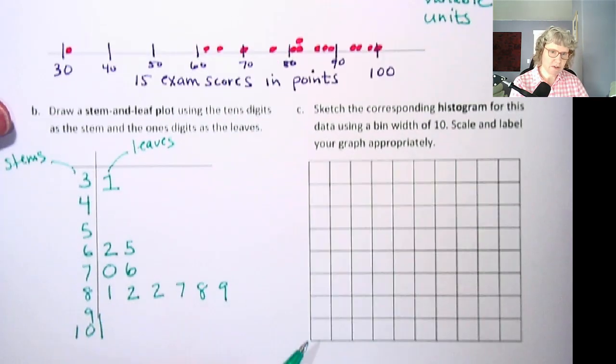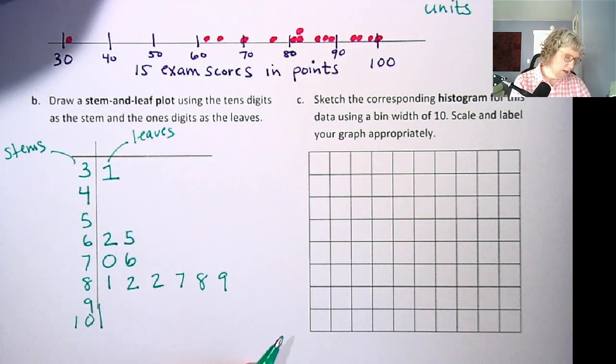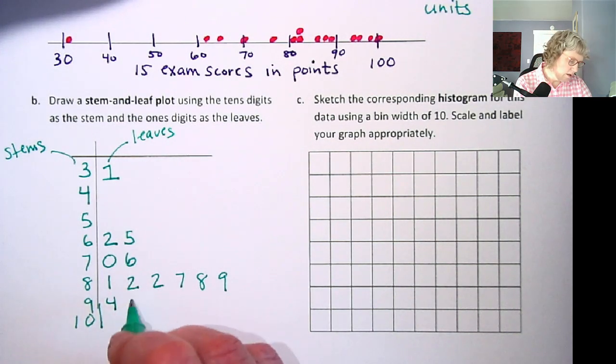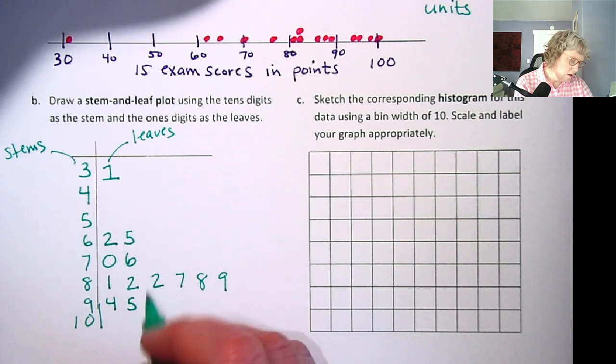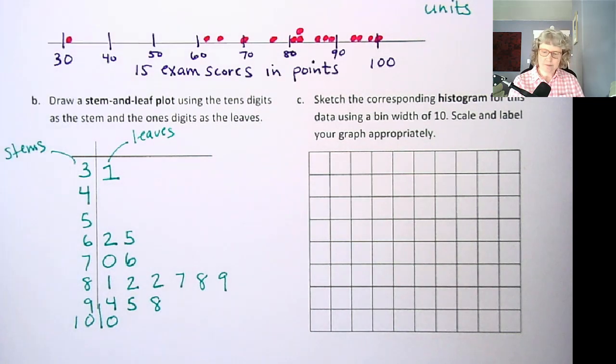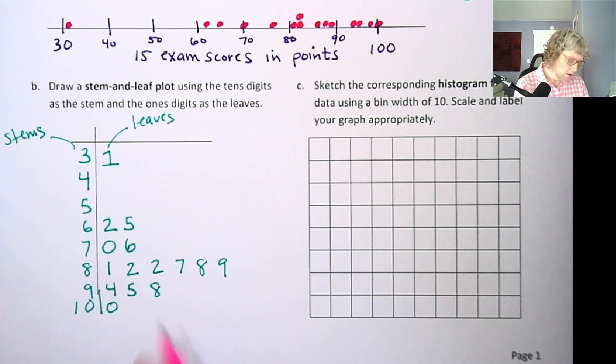Oops, sorry, I need to bring this up. 89, 94, 95, 98, and then 100. Okay, again, we need to label it. I didn't leave myself too much room at the top, so I'm going to use the bottom.